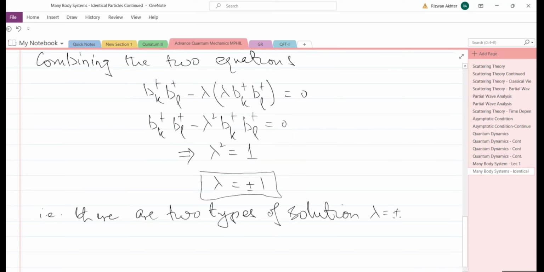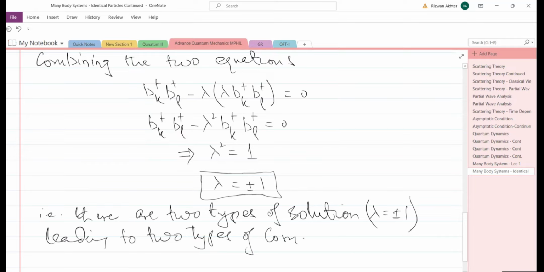Lambda is equals to plus minus 1, leading to two types of commutation relation. And what are those?